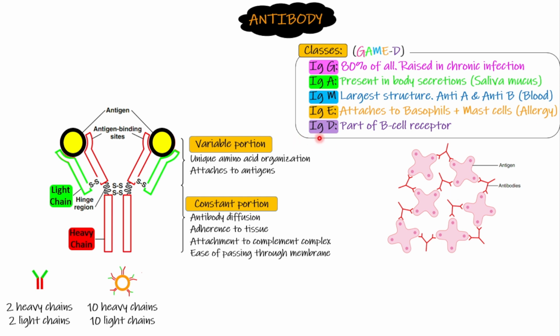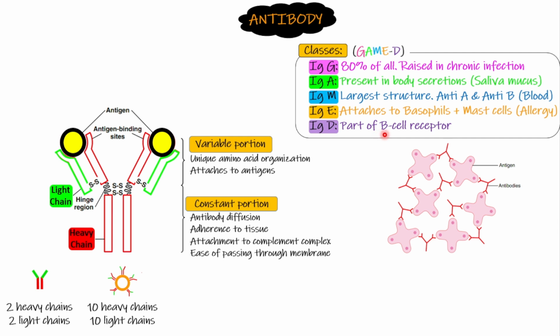Now the last one, IgD. We have also discussed that when the antigen presenting cell presents the foreign antigen to the B lymphocytes, there is an antibody present on the surface of the B lymphocyte, and the antigen presenting cell presents that antigen to the antibody on the surface of the B lymphocyte.